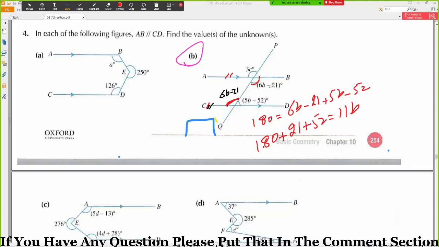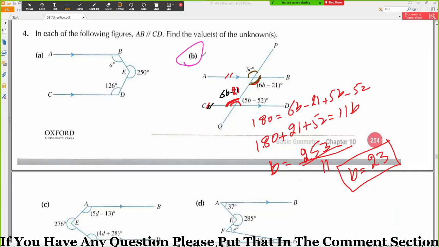So this angle 6b minus 21 will be equal to this angle 6b minus 21. So look here, your total angle is 180 degrees. So you can write it as 180 is equal to this angle plus this angle. Solve these further, so you will get the b angle. Add all these, what do you get: 180 plus 21 plus 52.